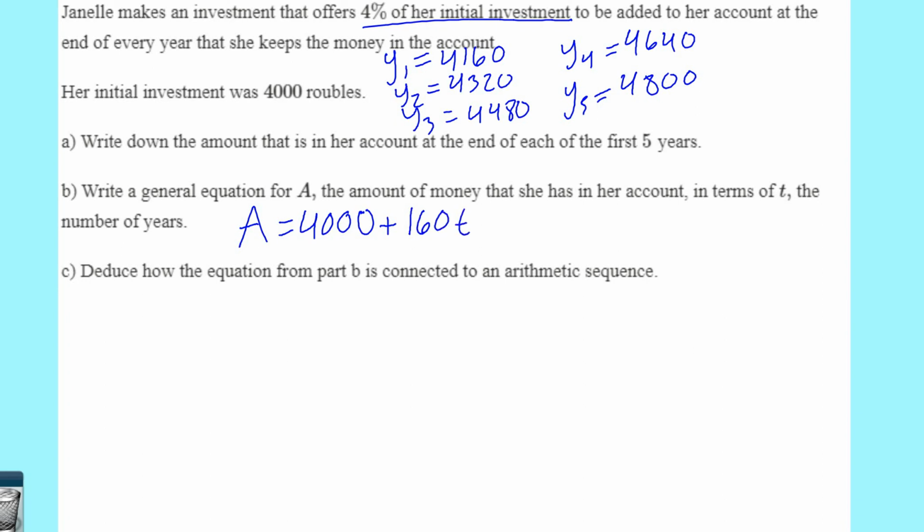All right, deduce how the equation from part B is connected to the arithmetic sequence. Well, we can tell that this is connected because that sequence is just 4,000 plus 160n, which is the same thing as our equation. Okay, so of course it's going to be the same. That's how we can deduce that this is all working out.